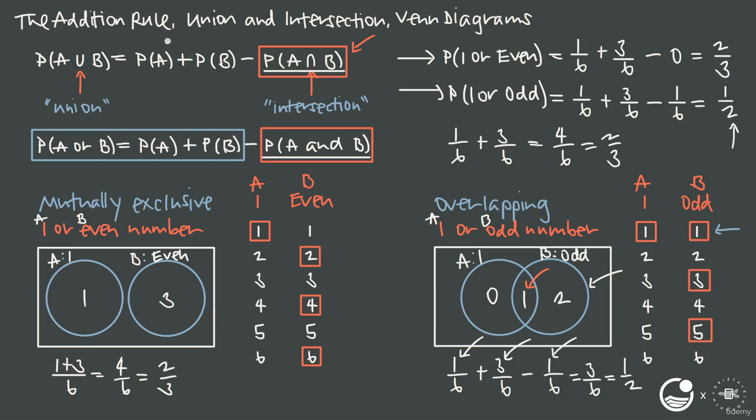So that's how we use the addition rule to calculate the probability that event A or event B occurs, by using this concept of union and intersection and translating that into this visual idea of the Venn diagram, where we can clearly show mutually exclusive events with non-overlapping circles, or overlapping events with these overlapping circles in our Venn diagram.